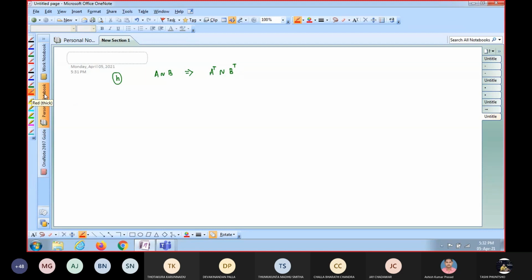What was that? See, A is similar to B. This means that there exists an invertible matrix P such that B is equal to P inverse AP. Or equivalently, I can say that PB is equal to AP. Right? Equivalently.